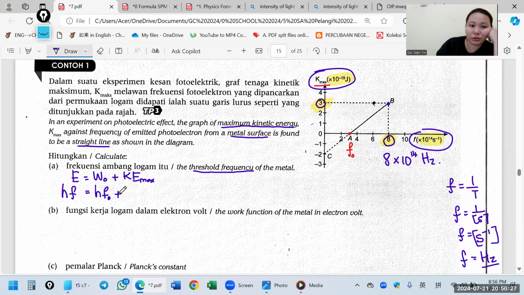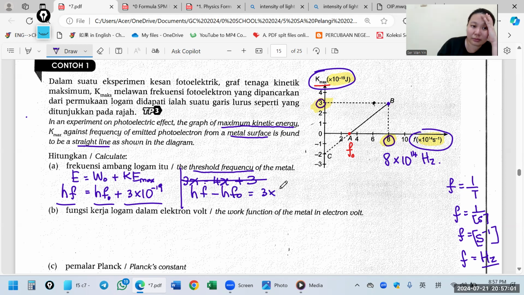Just substitute 3 times 10 to the power of negative 19. For me, I will treat it like 3x equals 4x plus 3. What will you do? You move to one side. So I will say hf minus hf naught equals 3 times 10 to the negative 19.